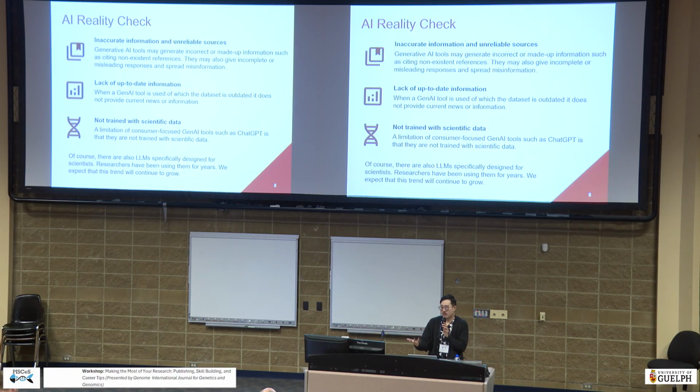And of course, most AI programs that you might be using, like ChatGPT, are not really trained with scientific data, right? So again, it's prone to generating hallucinations of fake research data, fake citations that you might be relying on when it comes to doing your own research, and you find out later that it's not actually real.